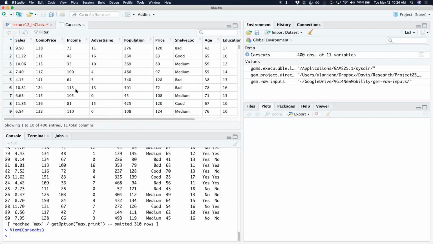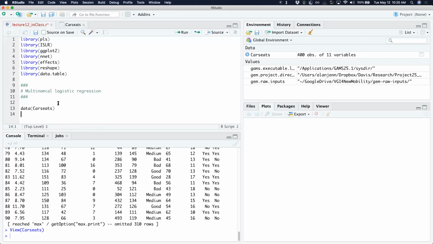It's probably more the other way around, but you could maybe imagine that I will place the seat in a better shelf location if the price is more competitive, or if it's selling really well. Although it's more likely that it sells really well because it's in a good location. I don't know, maybe.